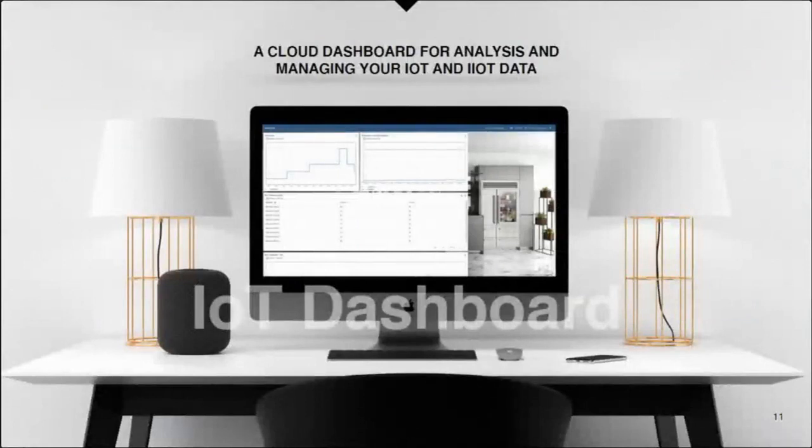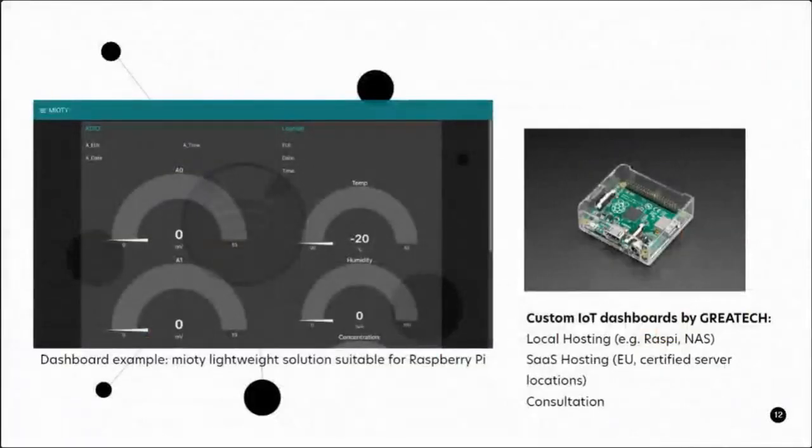This is just one of the examples. What you can see on the screen is one of our customizable dashboards that we host in Europe and provide also to our project partners and customers. Next slide, please. This shows another dashboard that we have built internally.